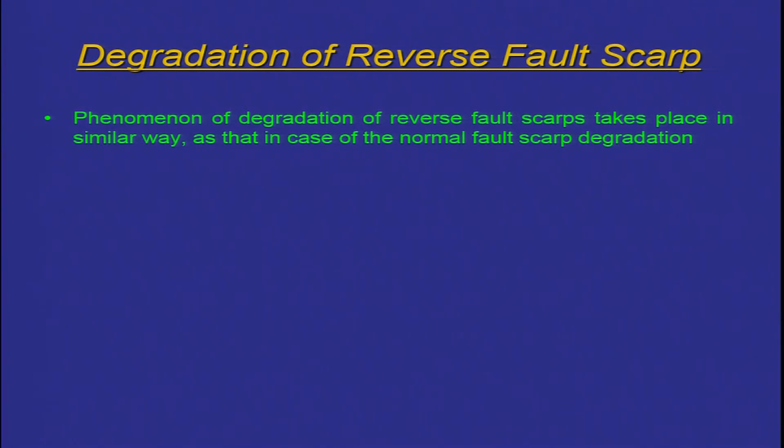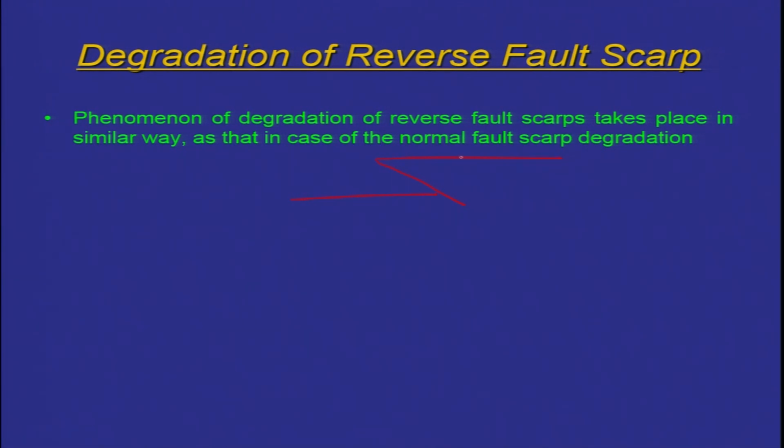Now, degradation of reverse fault scarps takes place in a similar way to what we discussed in the normal faulting environment, as the normal fault scarp degradation, because the reason again remains the same: you have steeper fault scarps.